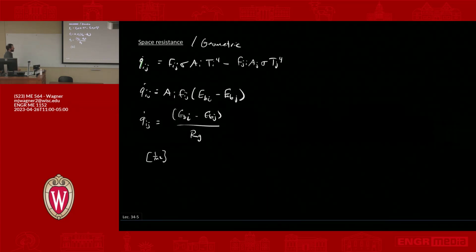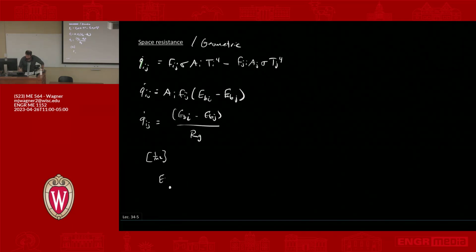So this resistance is basically telling you how hard is it for a photon to get from surface I to surface J through space, through this vacuum in space. But it's another way of writing this. So if we have this idea of resistance, we can use the same rules that we've used for other resistance type analyses. And we can go through and say, all right, I'm going to draw a resistance network.